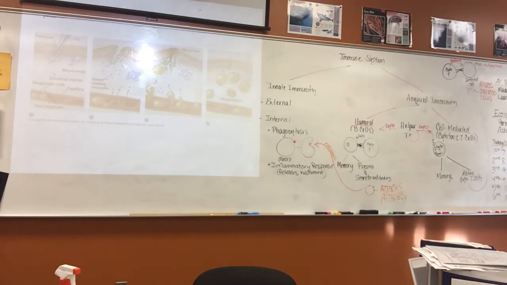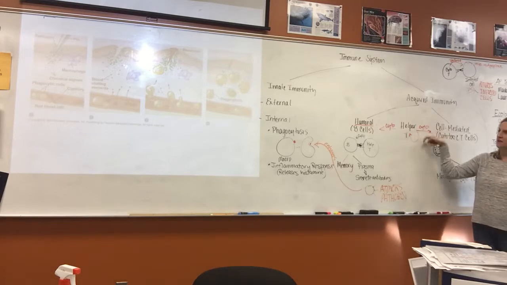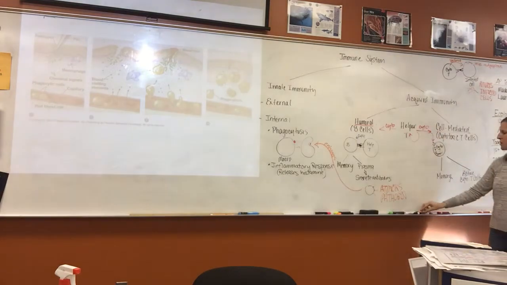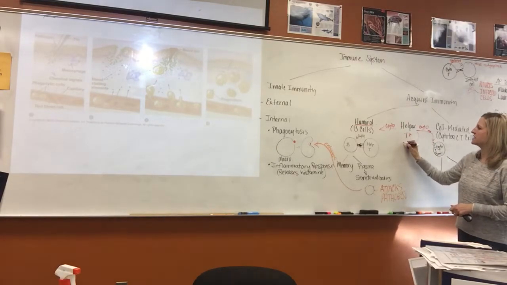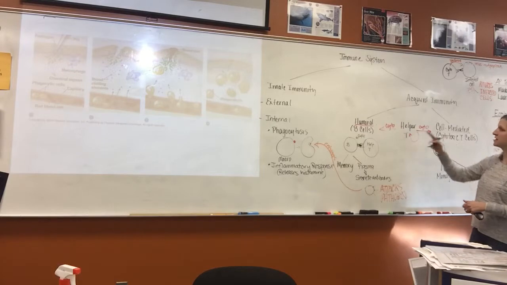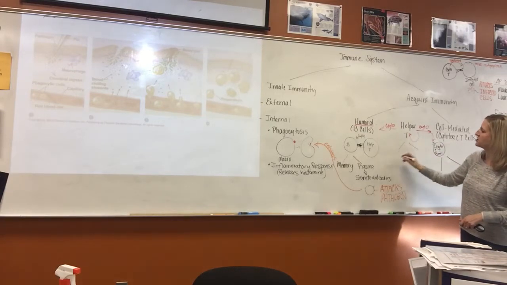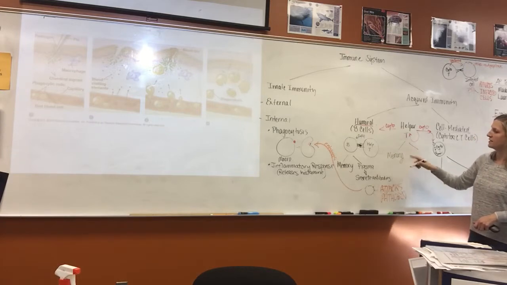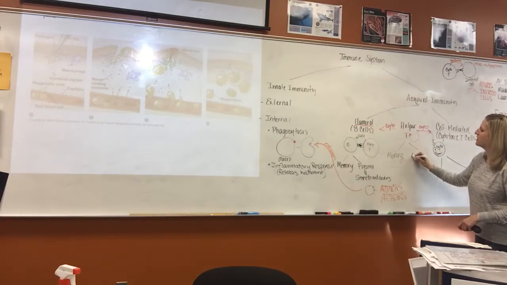And to make this more complete, with the helper T cells, helper T cells also communicate and activate themselves. When these helper T cells activate themselves, they do the same thing as the B and T cells: they divide and differentiate, and you make memory helper T cells, which aid in later infections, and then you make more active helper T cells.